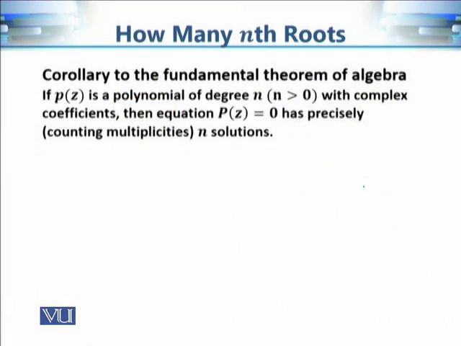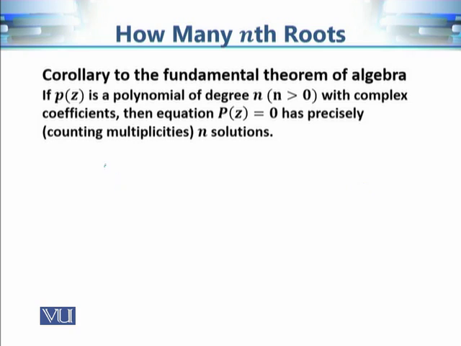To answer this problem, we are going to see a very important consequence of the fundamental theorem of algebra. So the fundamental theorem of algebra has this following consequence, that if we have a polynomial of degree n with complex coefficients, then the equation p of z equals 0 has precisely n solutions. So what is a polynomial?